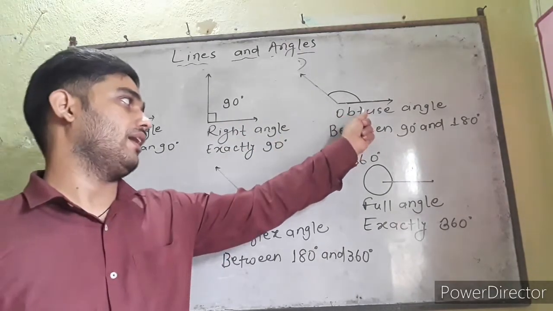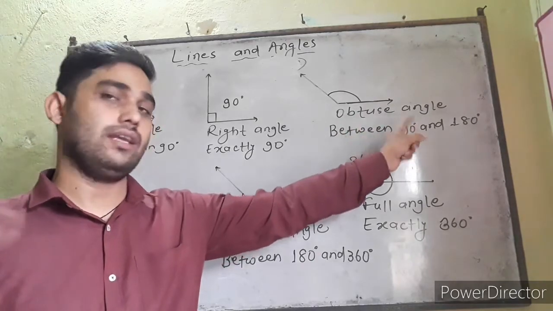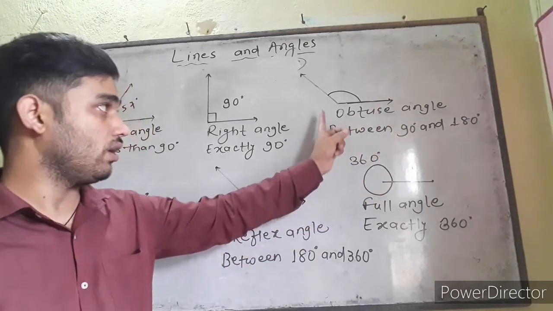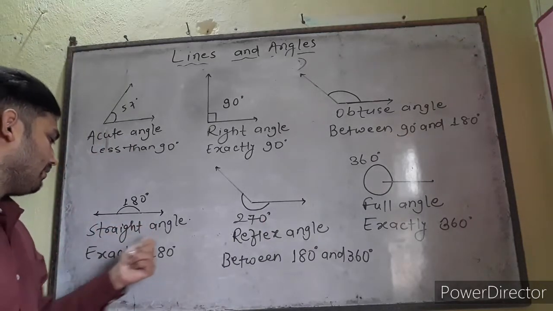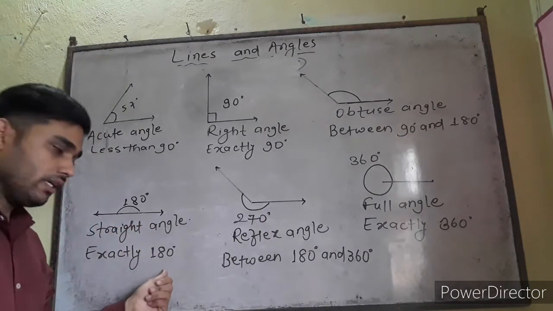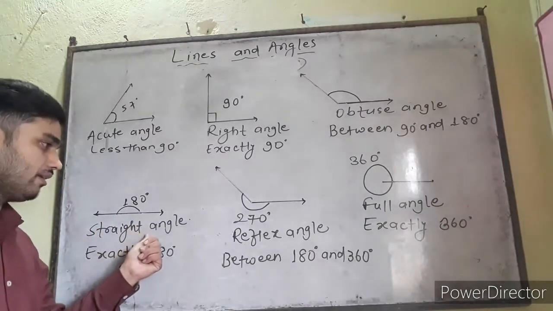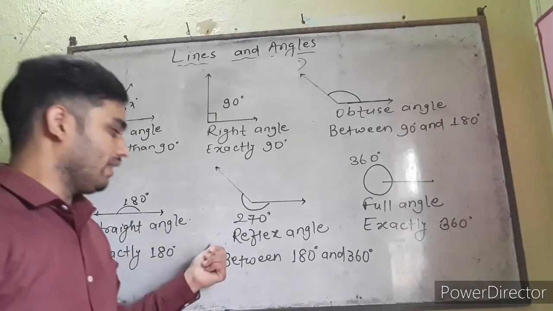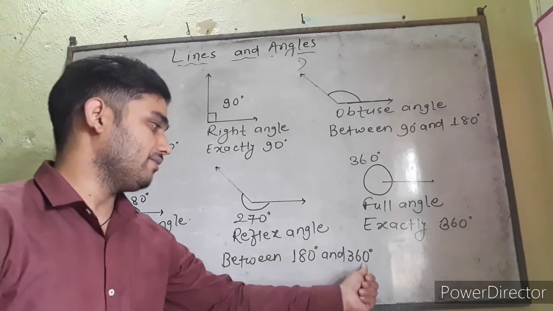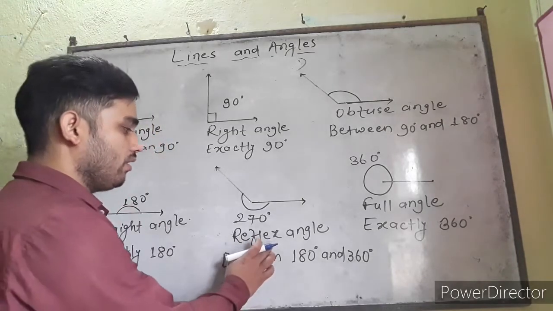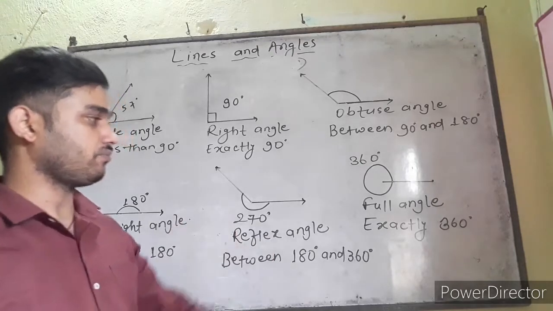When the measure of the angle is between 90 degrees and 180 degrees, it will be called an obtuse angle. When the measure of the angle is exactly 180 degrees, it will be called a straight angle. When the measure of the angle is between 180 degrees and 360 degrees, it will be called a reflex angle.